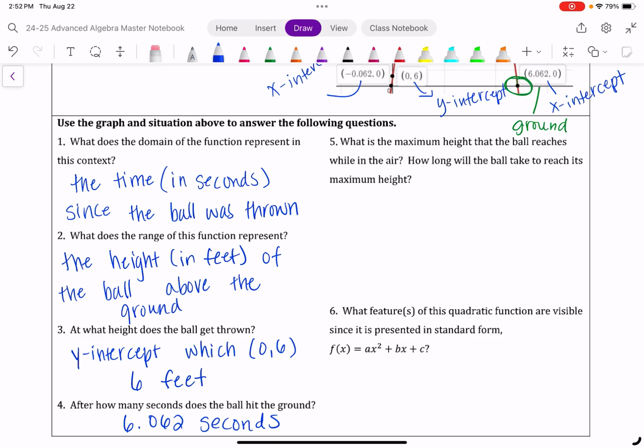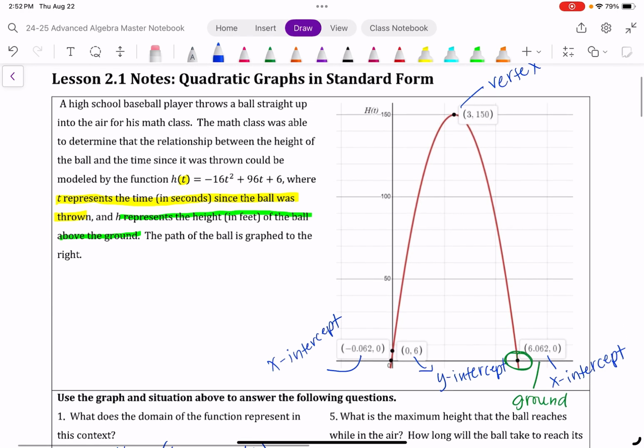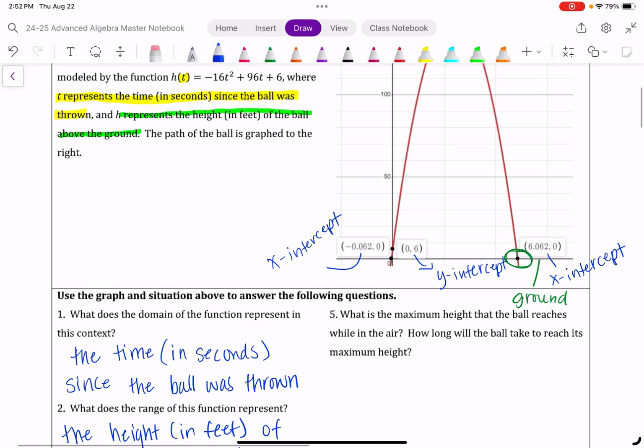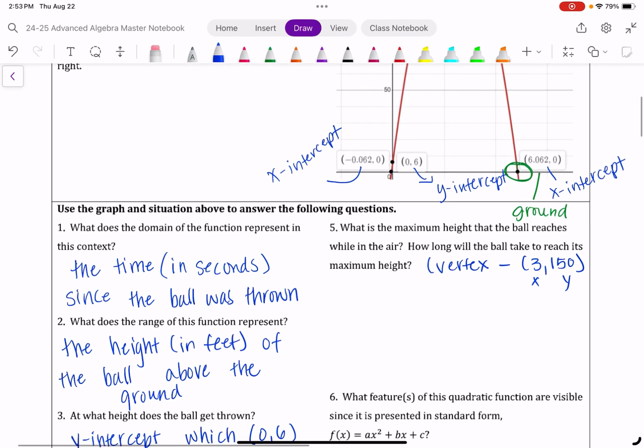Question 5 says, what is the maximum height the ball reaches while in the air? Well, that goes back to our special point called the vertex. And our vertex was at the point (3, 150). So if we think about that, this is x, this is y. Go back over here and look at 1 and 2.